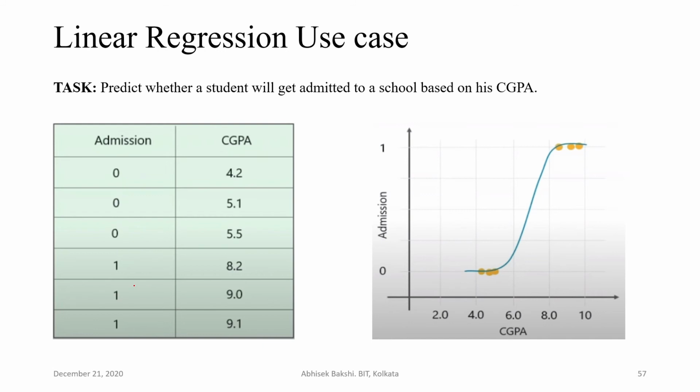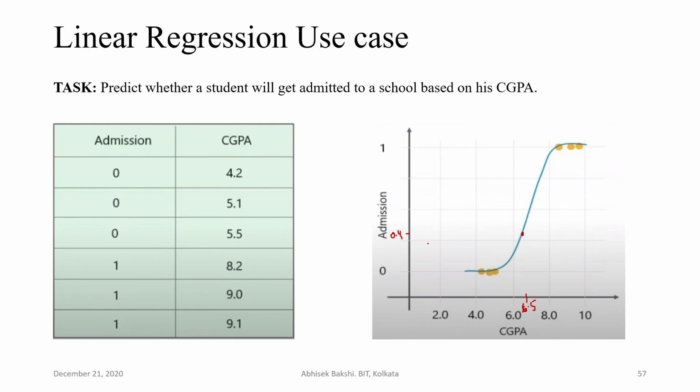But after getting this curve, suppose some unknown person came with a CGPA of 6.5. The corresponding value of y we get is, say, 0.4. The probability of getting admission for a CGPA of 6.5 is 40%.